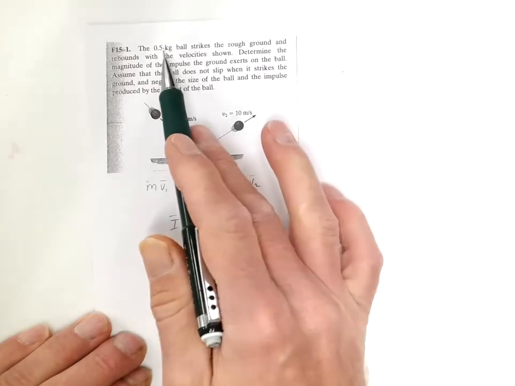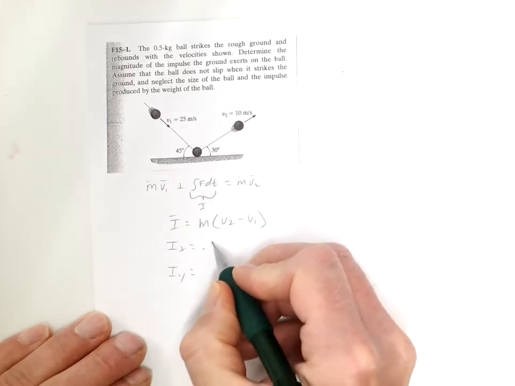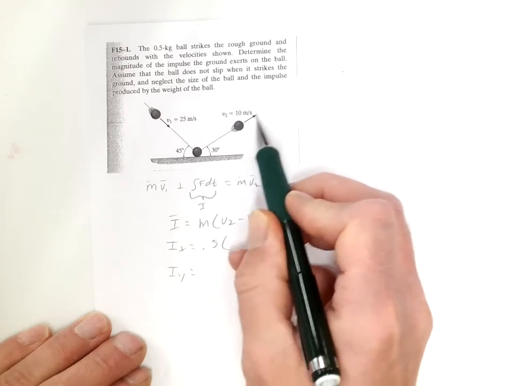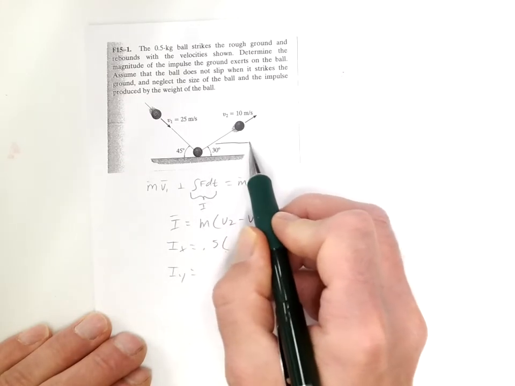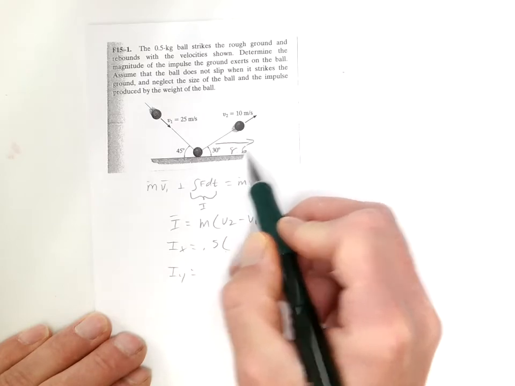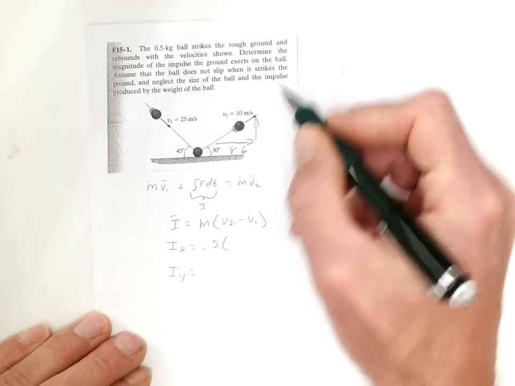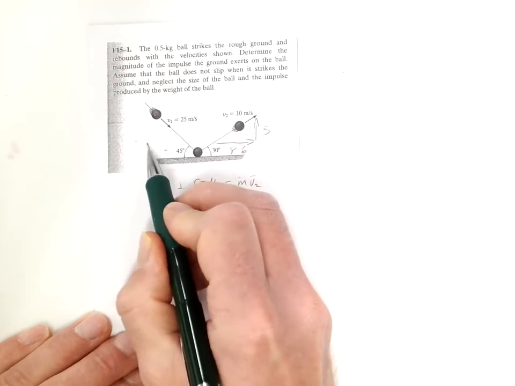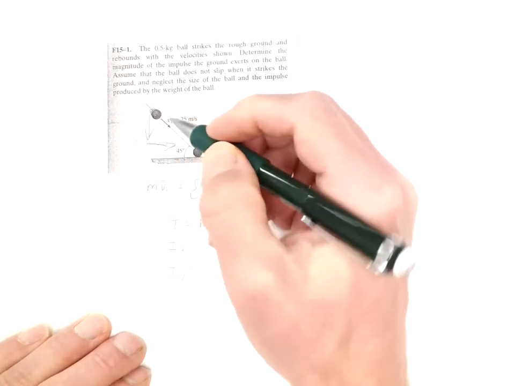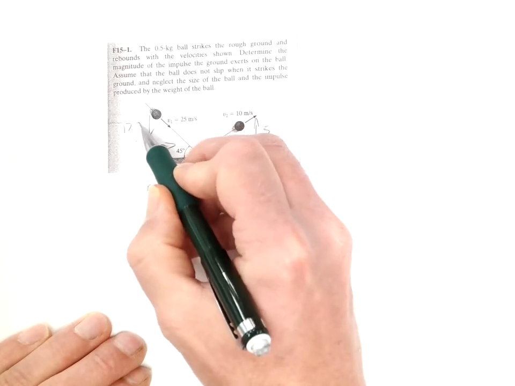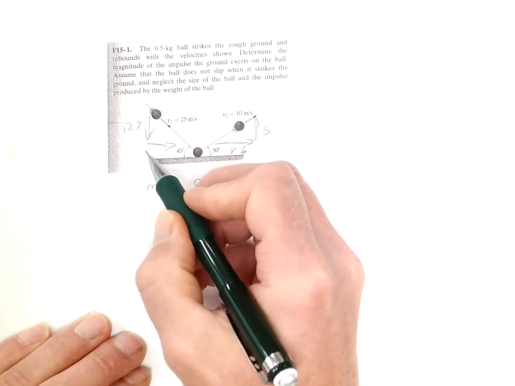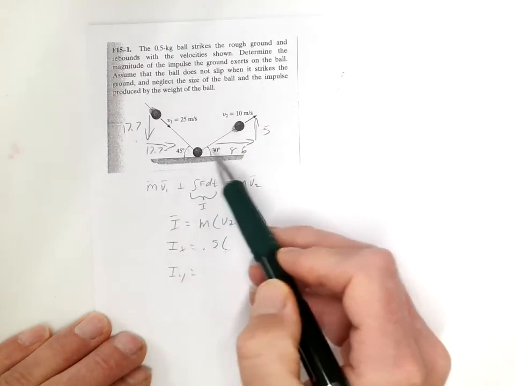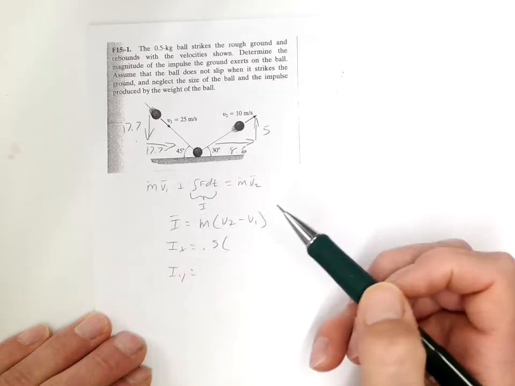The mass is 0.5, and breaking the velocity v2 down into components, we get 8.6 in the x and 5 in the y, and for v1 we get 17.7 in the y and 17.7 in the x, just using trig functions with the 30 degrees and 45.